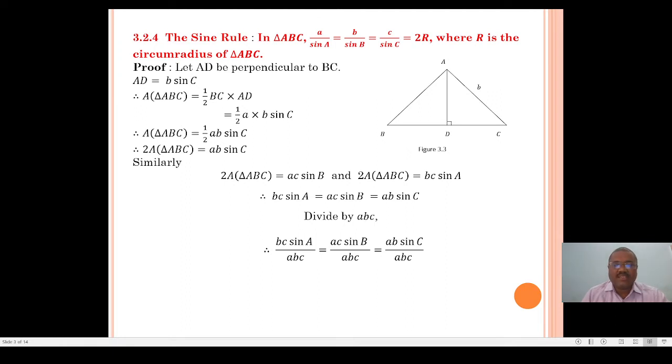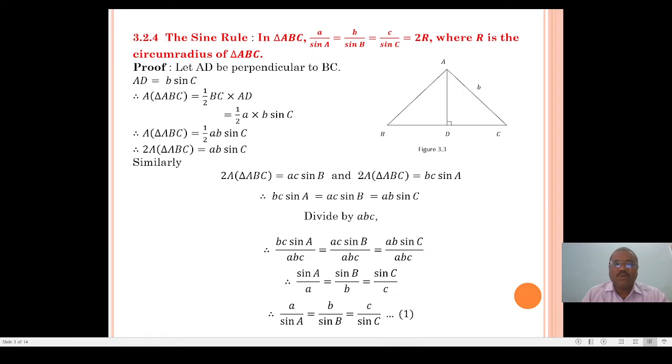So cancel the terms. We get sin A upon a equals sin B upon b equals sin C upon c. That is a upon sin A equals b upon sin B equals c upon sin C. So we prove the sine rule.